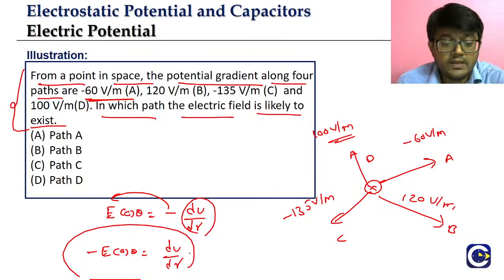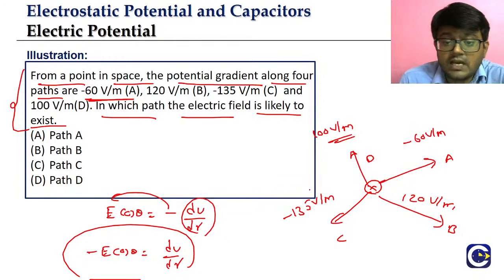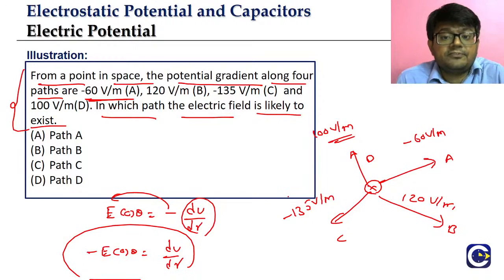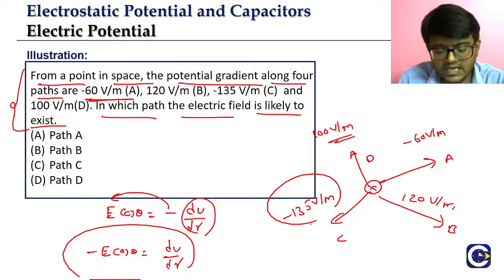If we look at the 4 given paths, in which case is the potential gradient highest negative? We should also see the sign, not just the numerical value. In path C, the potential gradient is minus 135 volt per meter, which is highest negative.